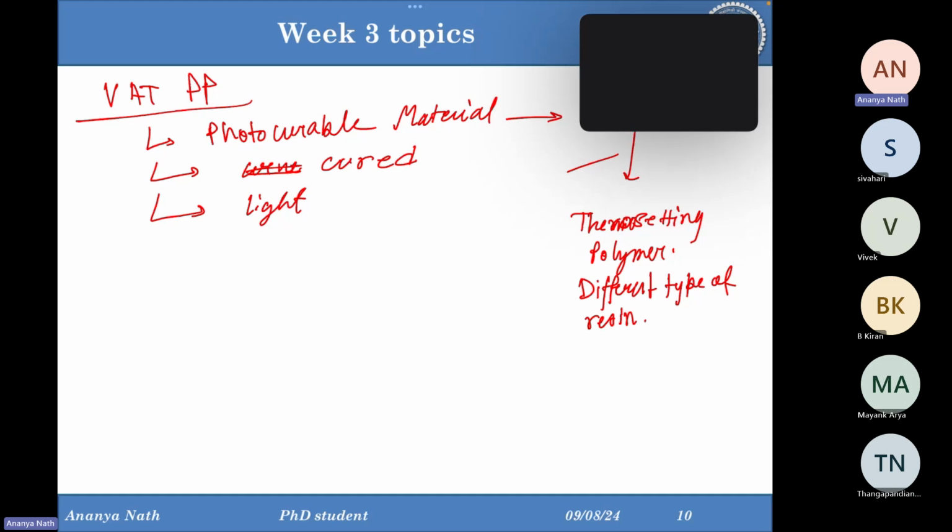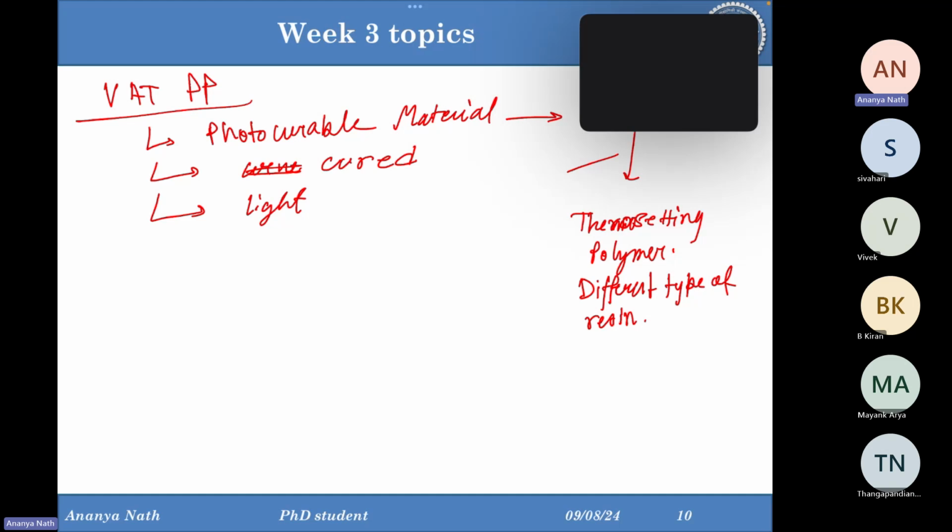Ultraviolet rays have lower wavelength. So violet light has a wavelength range around 350, and red lights have wavelength range, I think, around 600 or 700. And after that the infrared starts from 800 and goes on and on. So these are some lights.